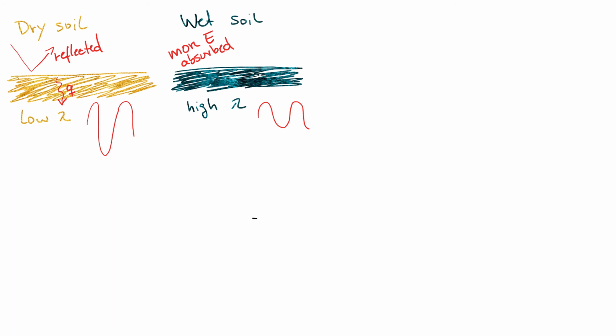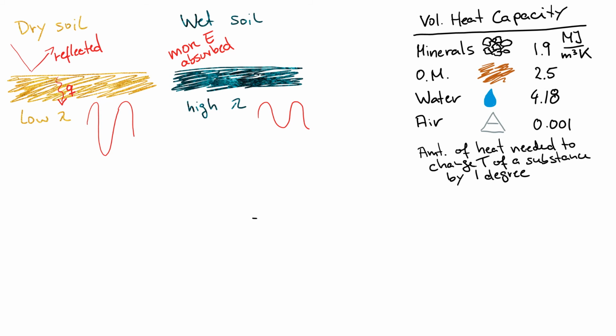Now why is that? It's not really consistent with what we've learned so far. And the reason for that is that we're actually missing a piece of the puzzle, and that is the volumetric heat capacity. So in addition to the conductivity, soil also has a heat capacity, which is a storage mechanism, or one way to look at this is the amount of heat needed to change the temperature of a substance by 1 degree.